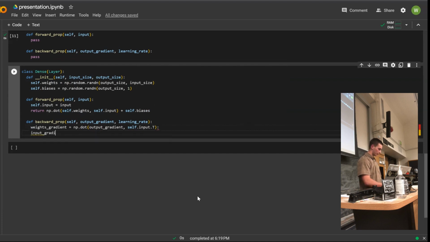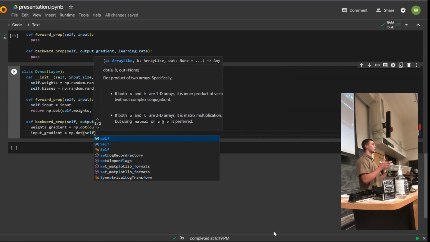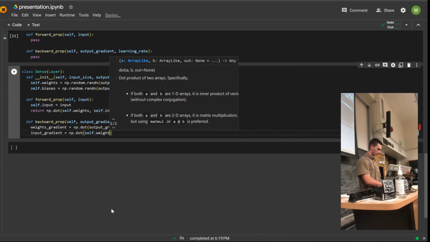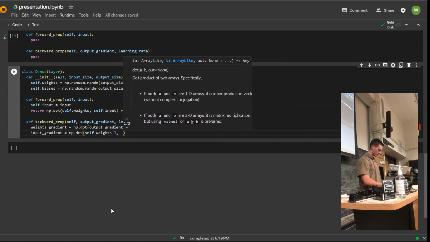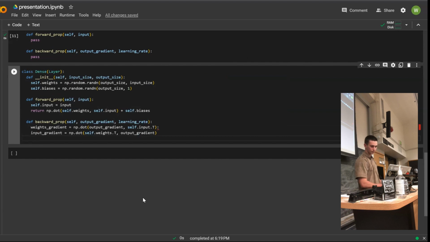And we want the derivative with respect to the input. And that was the weights matrix transpose times the output gradient. Yeah, that was W transpose times partial C with respect to Y. And then remember the biases gradient, that was just the same as the output gradient. So we don't need to compute anything there.